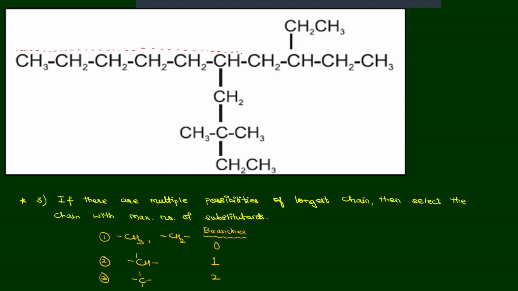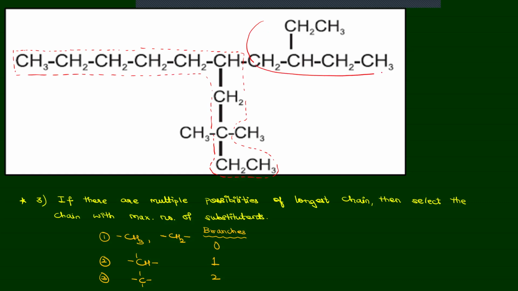But if I go in this Z shape like this, then I'm coming across one CH and one C wala carbon. So how many branches would you consider for this longest chain? One CH and one C. 3.